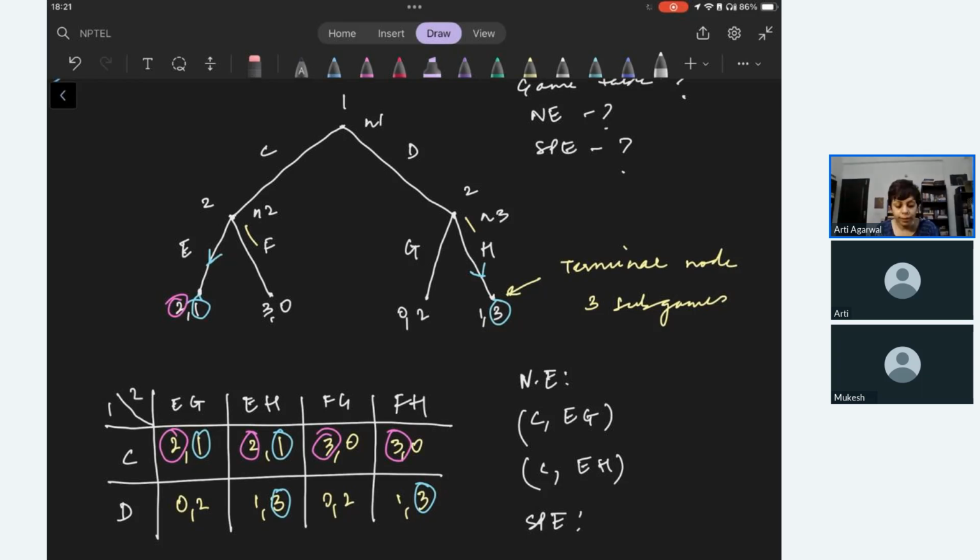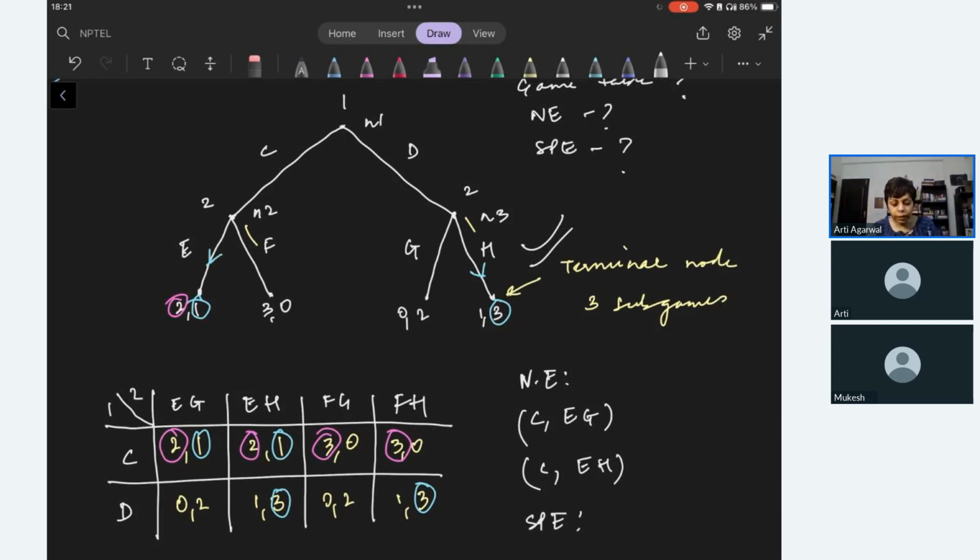E is okay because 2 is going to play strategy E in the first subgame, but in the second subgame, 2 is not going to play strategy G. If this subgame pans out, then 2 is going to choose the strategy H. He's going to choose what gives him a higher payoff, right?